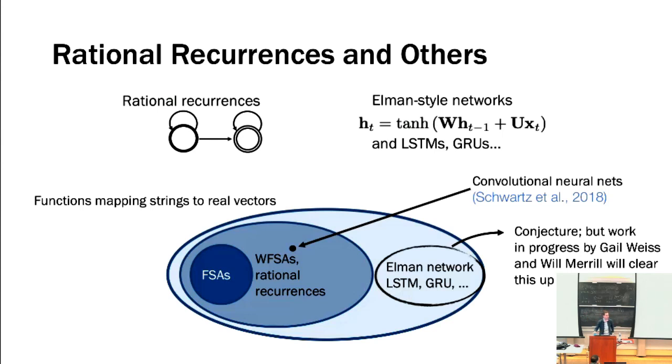Can you briefly say how do you go about showing that some network is rational? The way we did it was we constructed the finite state machine and showed that the recurrent equations were the same. So it sounds like any neural net that has a bounded number of parameters and finite precision would be rational. I don't think that's right.